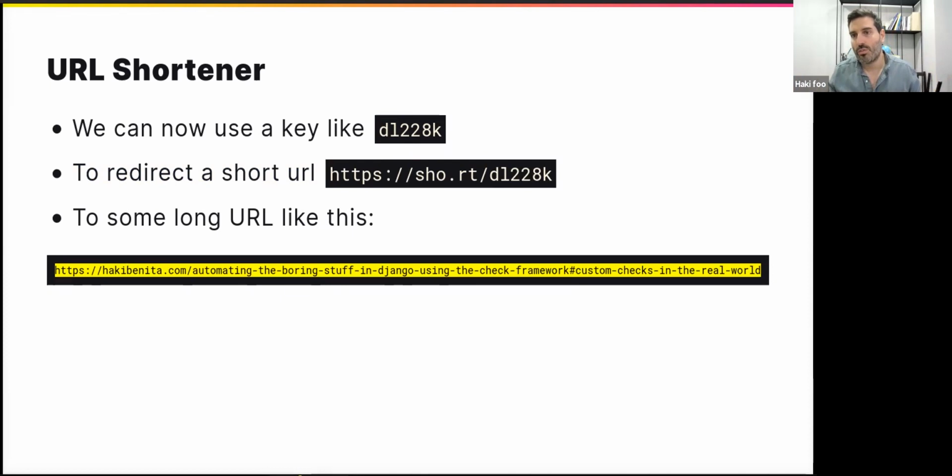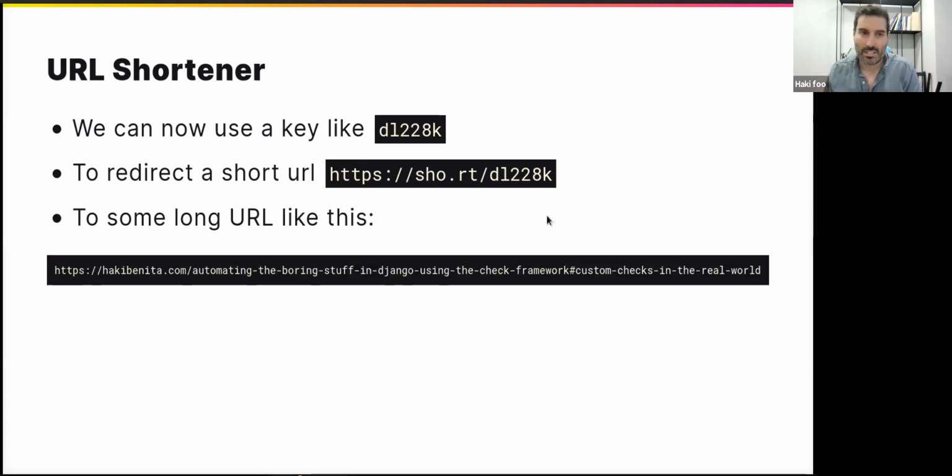This is very useful in platforms that have a restricted number of characters, like Twitter, for example, or if you're sending SMS messages and you have a limited number of characters that you can use. Another nice feature of URL shorteners is that they provide you some analytics. A lot of URL shorteners count the number of clicks, so it serves for analytics. So this is a URL shortener.